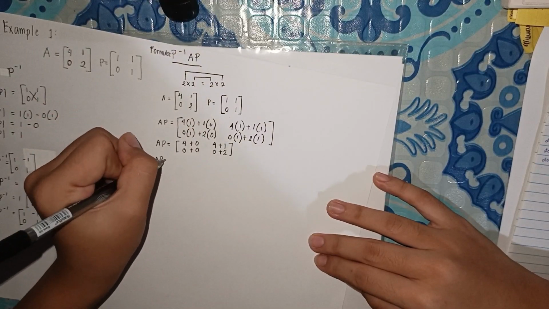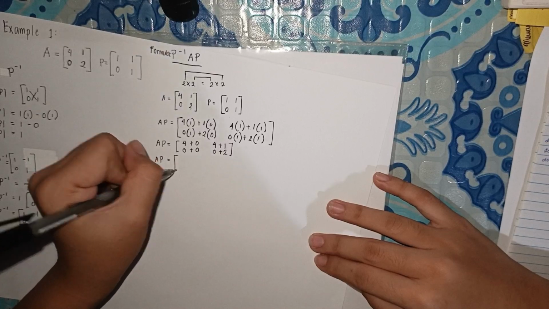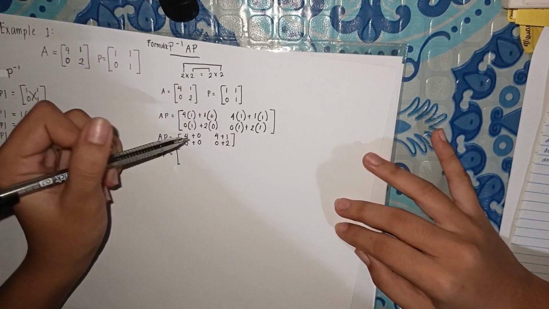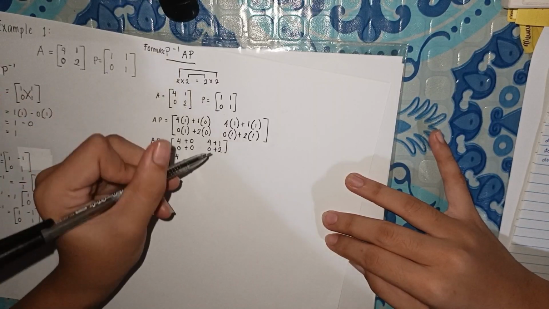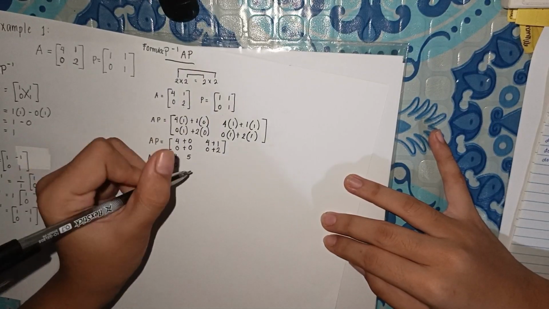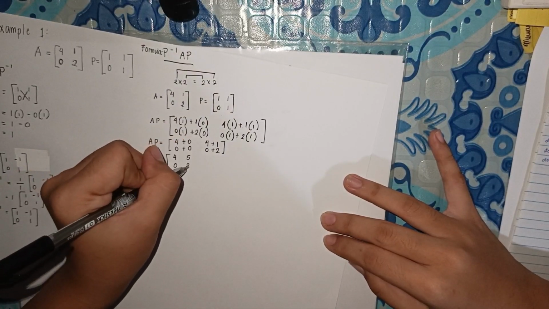Now, we add. 4 plus 0, 4. Then 0 plus 0, 0. Then 4 plus 1, 5. Then 0 plus 2 is 2.